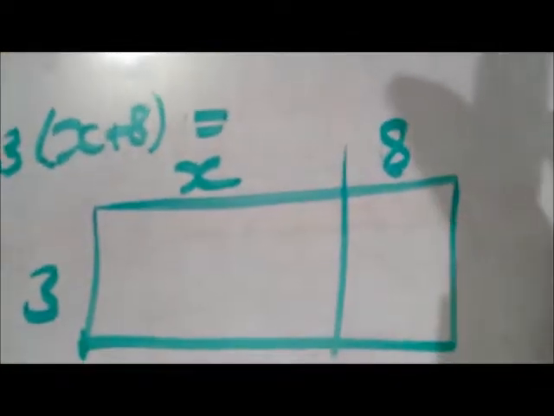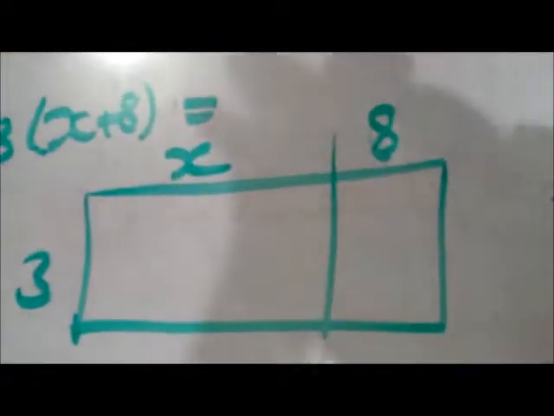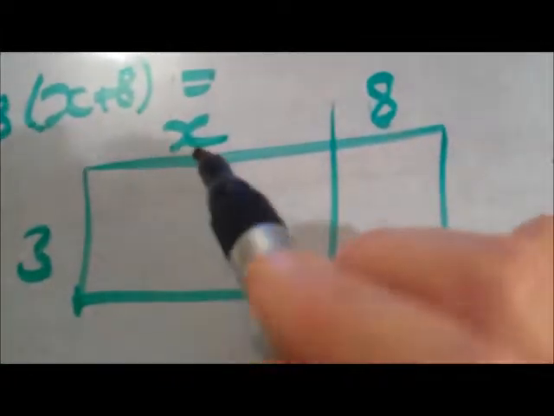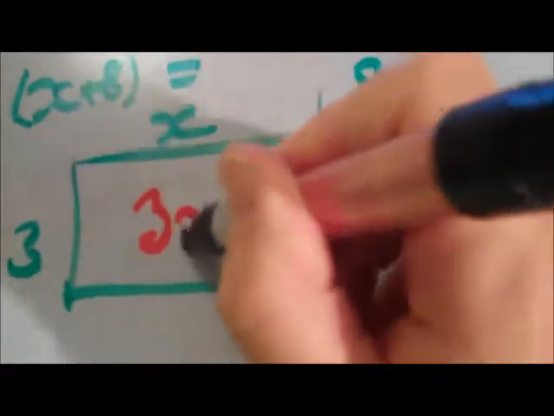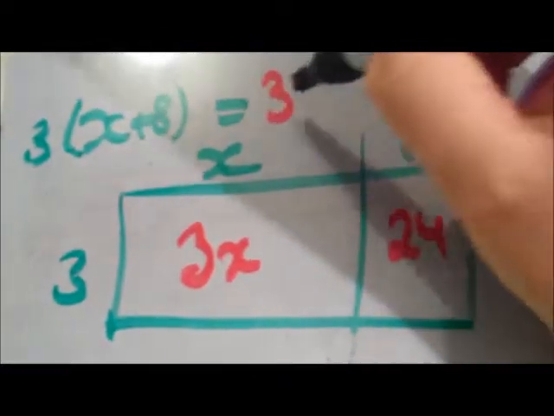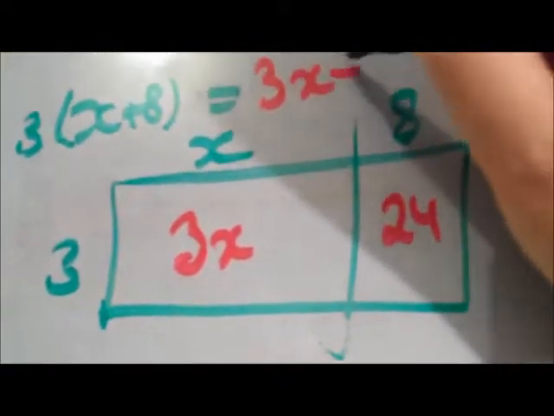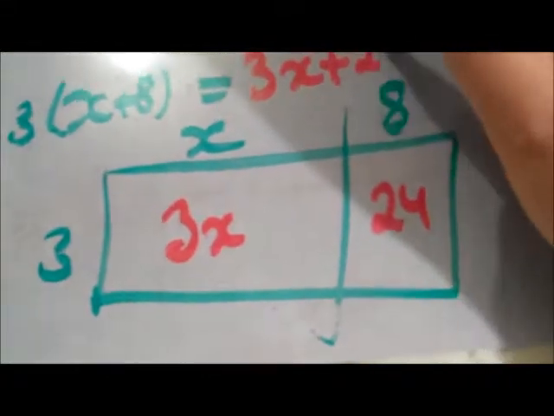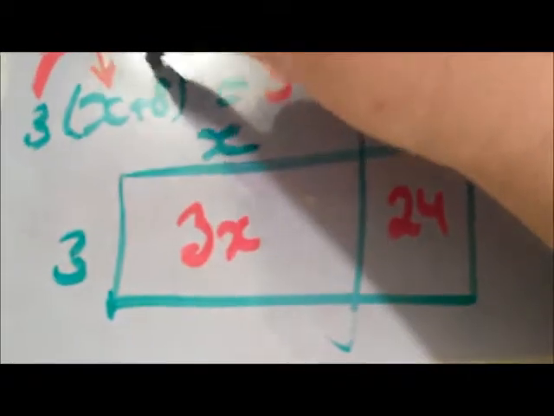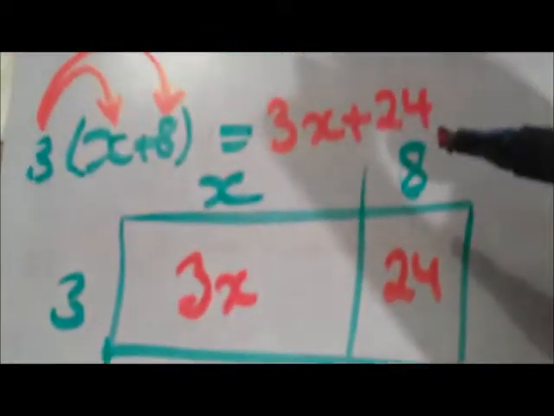So my any number I'm going to write as x, and I'm going to see what that expands to. So 3 times x I write as 3x. 3 times 8 is 24. So 3 lots of x plus 8 is going to be 3x plus 24. It's how you go from a multiply to an add.